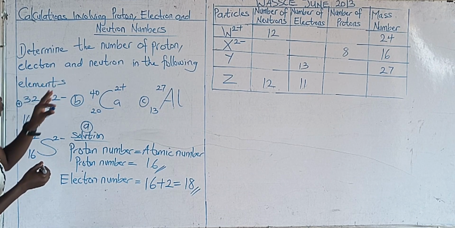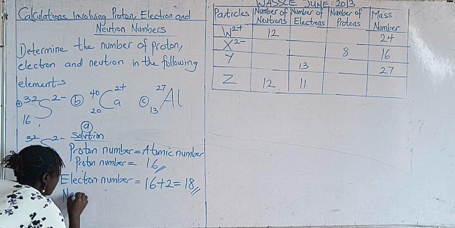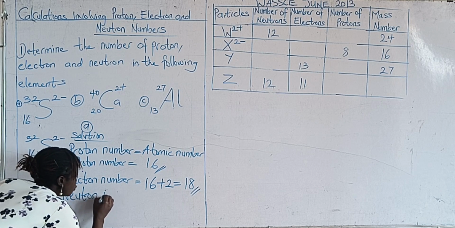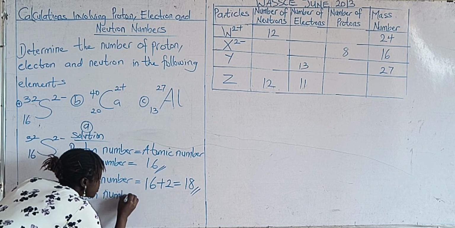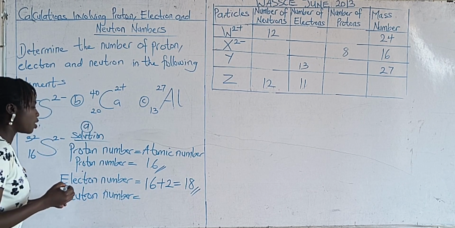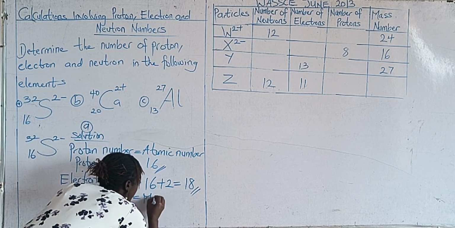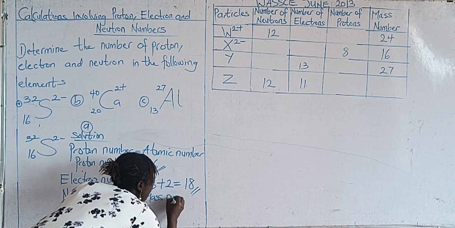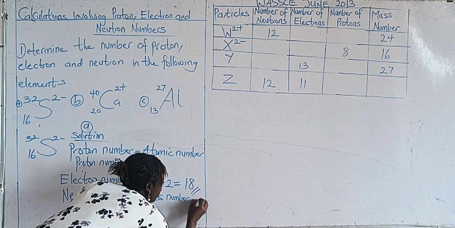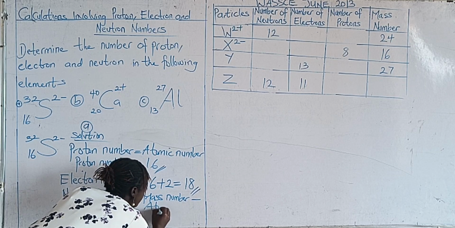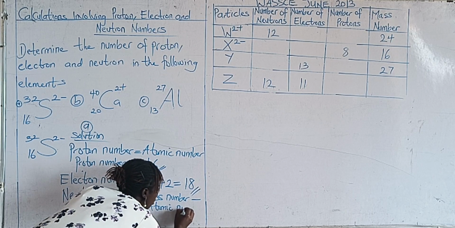Let's look at the neutron number. Neutron number is mass number minus atomic number.